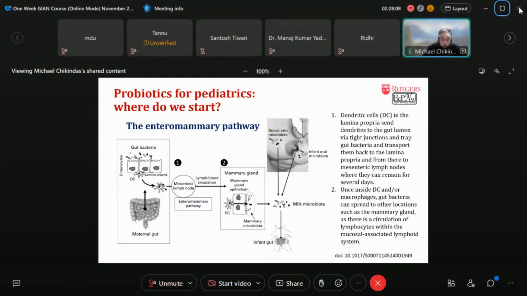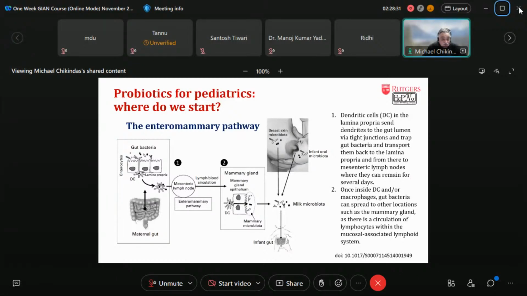And once inside the dendritic cells or the macrophages, gut microorganisms can spread to other locations, including the mammary glands. And there is circulation of lymphocytes within the mucosal associated lymphoid system.